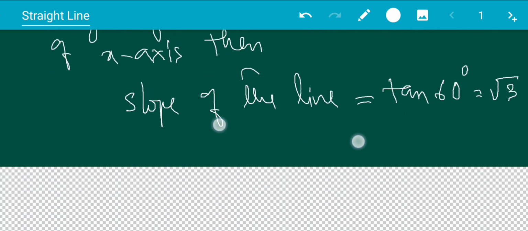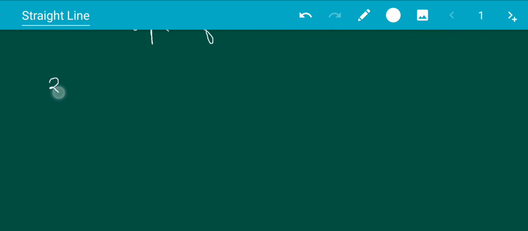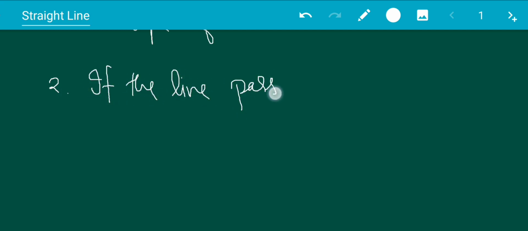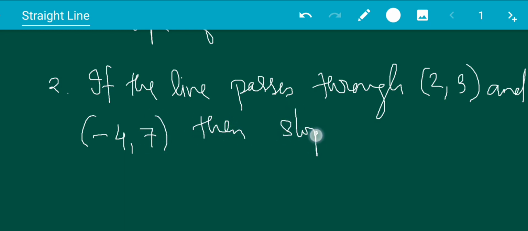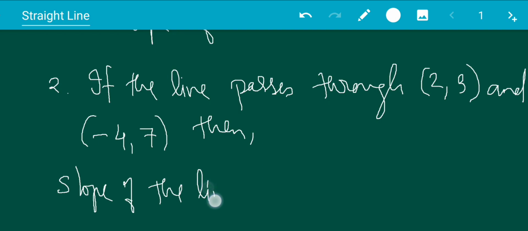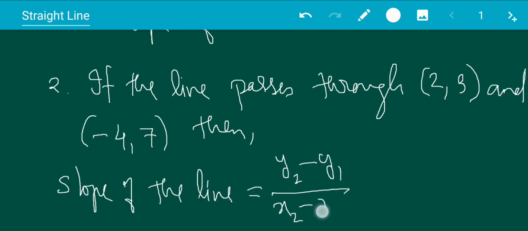But if you know 2 points, example 2, if the line passes through (2, 3) and (minus 4, 7), then the slope of the line by definition is (y2 minus y1) by (x2 minus x1).